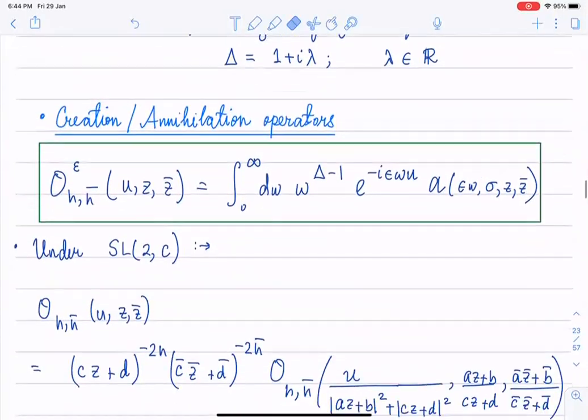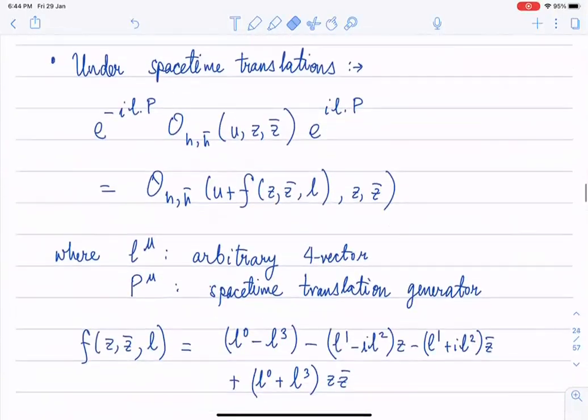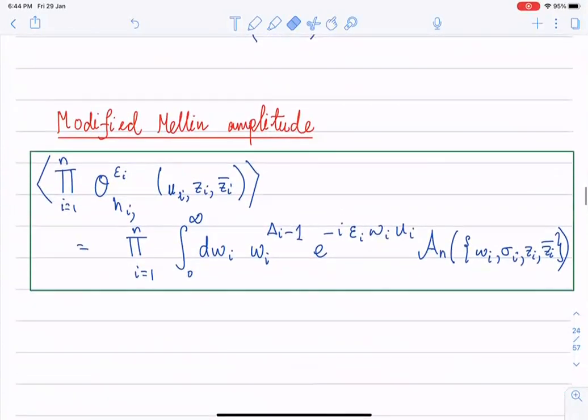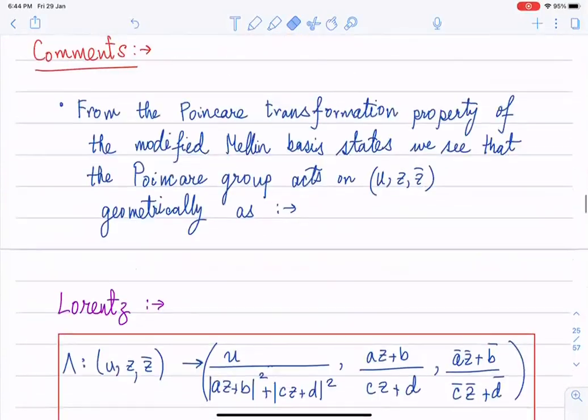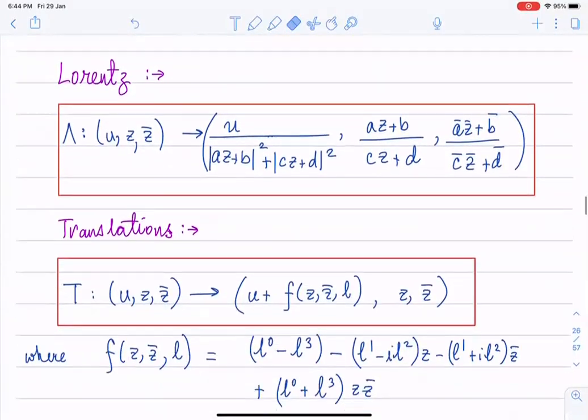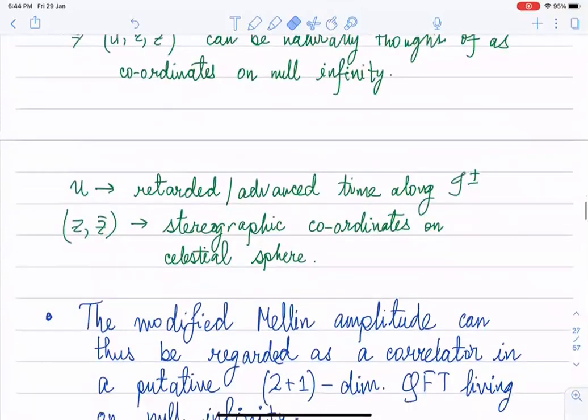And then using that one could define what are known as modified Mellin amplitudes. The salient feature of these modified Mellin amplitudes was that they made the geometric action of space-time translations completely manifest.